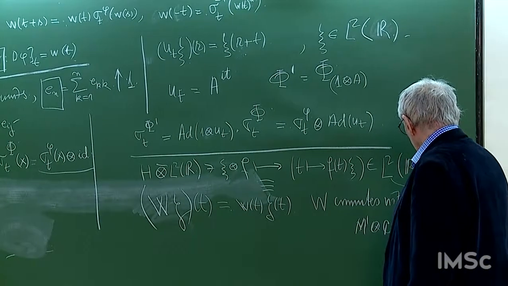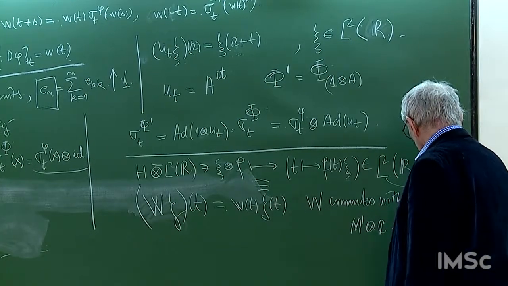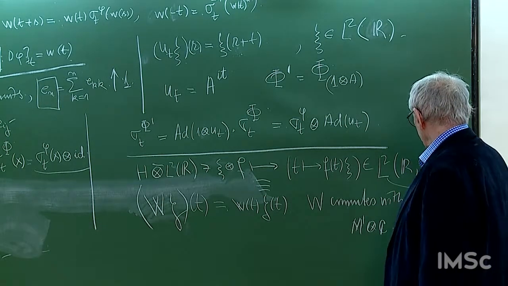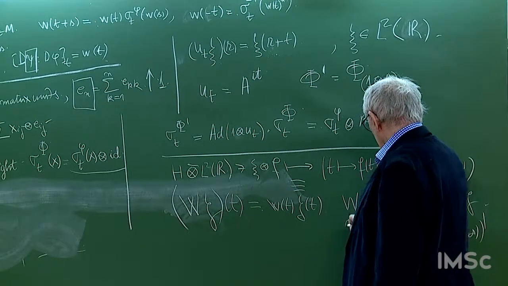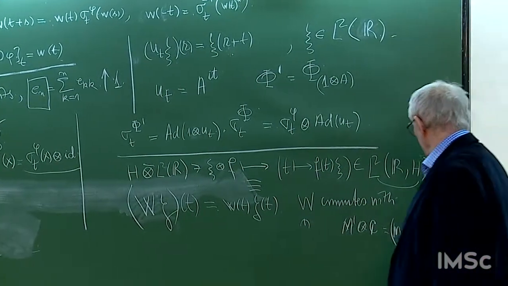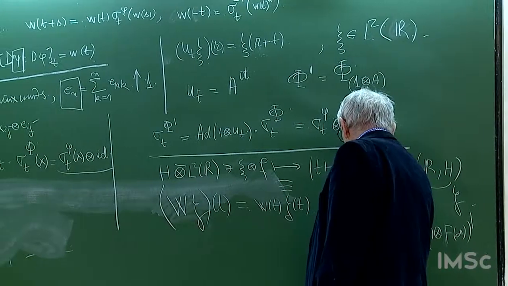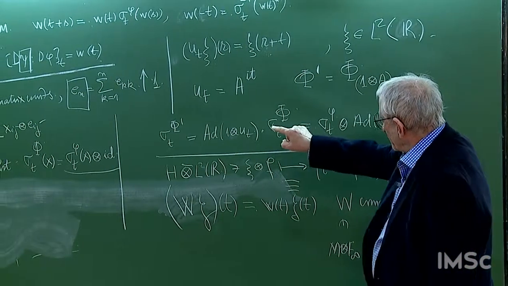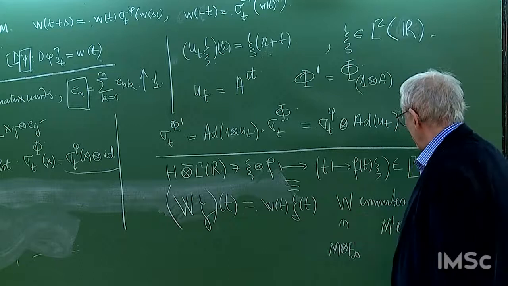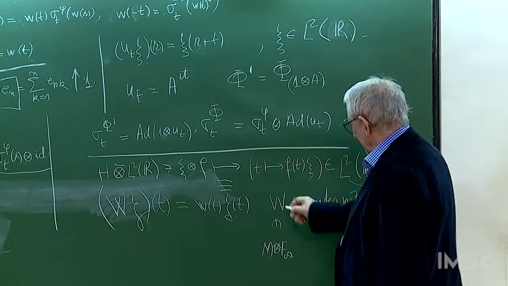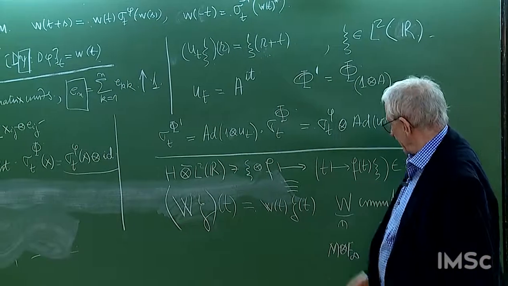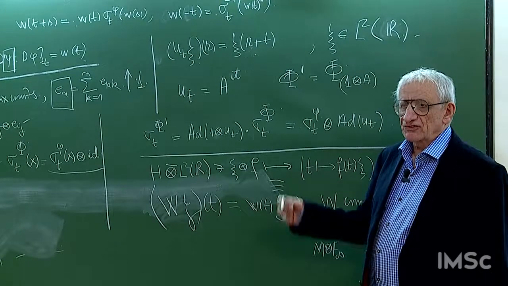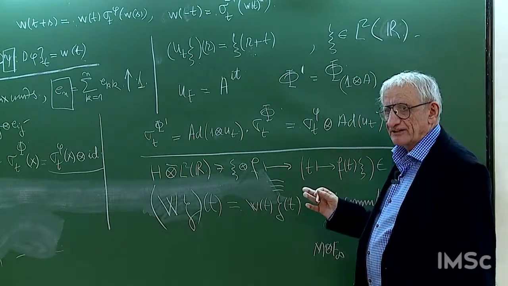And this is M tensor B of F infinity, the commutant. So this operator W commutes with the commutant, so this operator is in M tensor F infinity, where the weight phi prime, capital Phi prime, is defined. And W, because of the conditions put there, W is a partial isometry. And if you assume the cocycle is unitary, this will be a unitary operator.